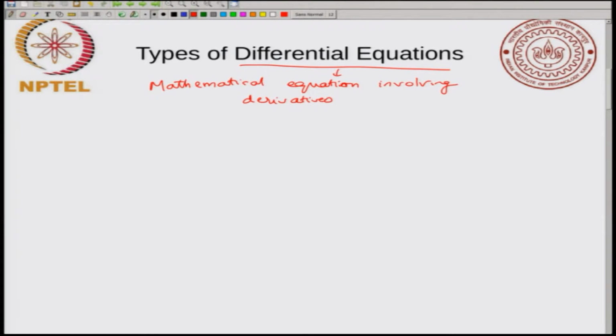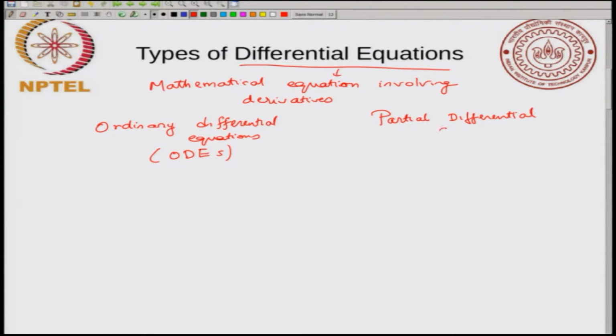Now, the types of differential equations. Broadly, you can think of what are called ordinary differential equations, also called ODEs, and there are partial differential equations, PDEs. The most important thing about partial differential equations is that they have dependence on multiple variables.